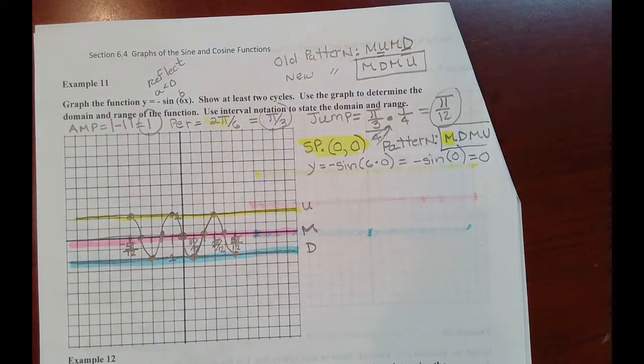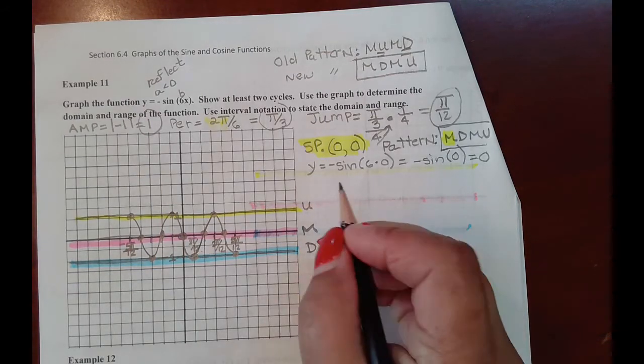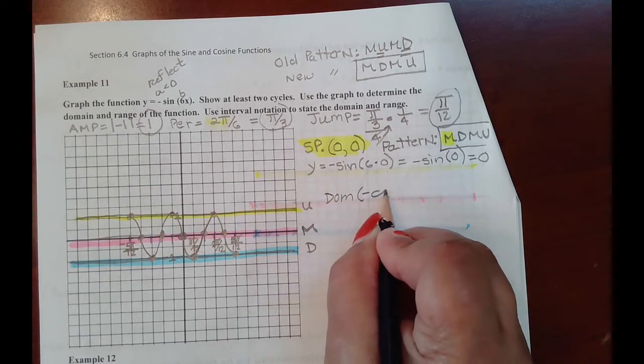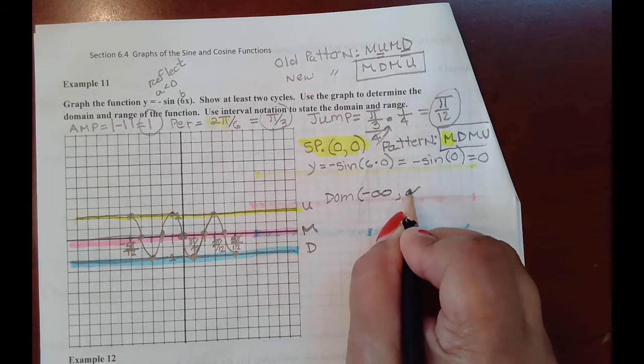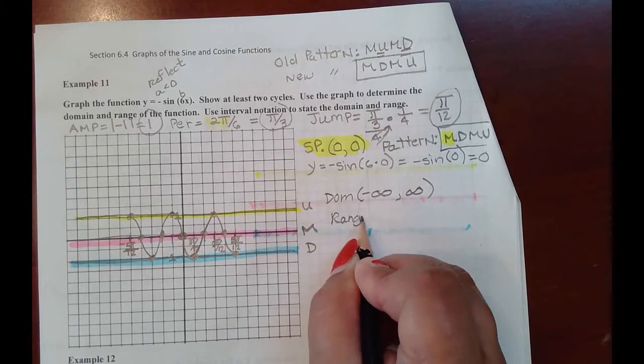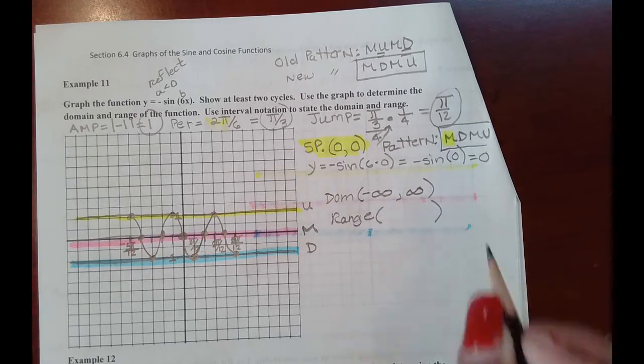Here's sine of 6x. Okay, so let's see. What would the domain and the range be here? Domain is the same for all of them, negative infinity to infinity. They're going to ask you that in MATLAB math. The range, very easy to see by the graph.